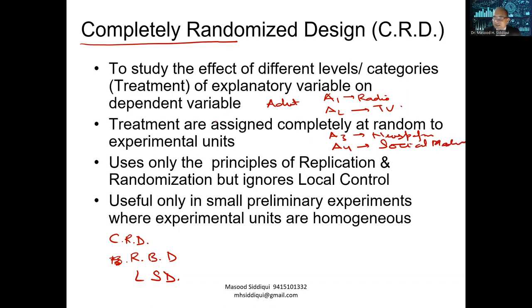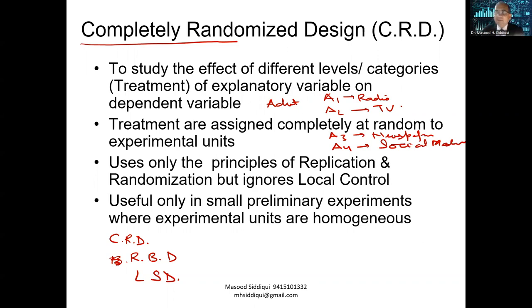They are the different categories of the treatment. The explanatory variable is advertisement, and the dependent variable is sale. For this purpose, we use the completely randomized design.